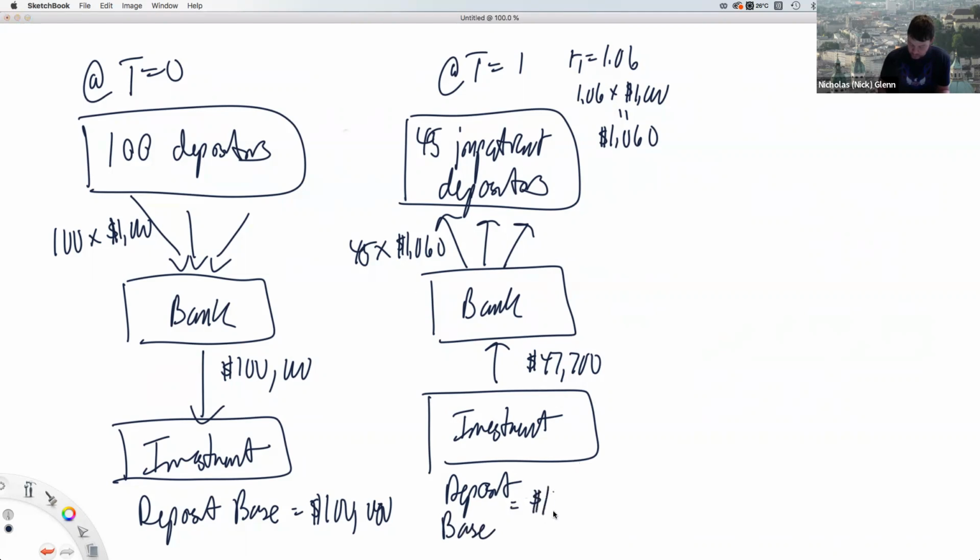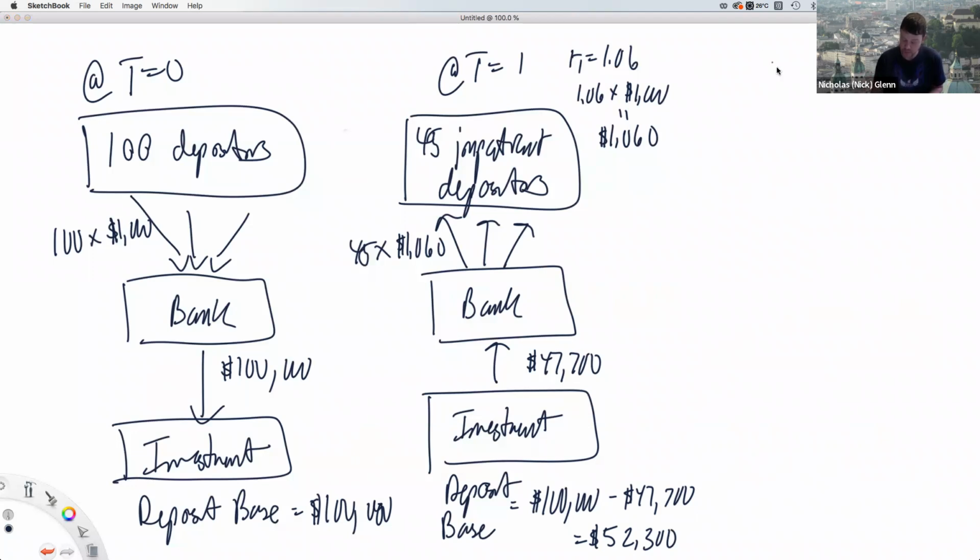Well, remember, the return here is just one, so this actual $100,000 investment didn't change. It's just like pulling 47,700 from it. They're not going to earn any money on this interest here. The return for the investment is one in time period one. And so now the deposit base will become 52,300.